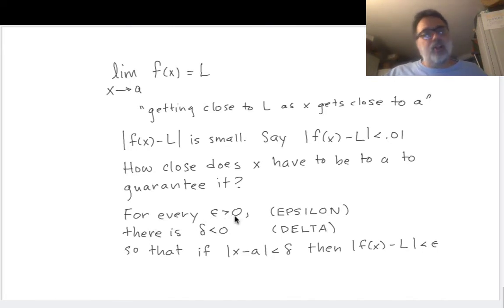So we're saying that no matter how close we want to get to L, we can find some other number that will serve as a guarantee. So that if the x is close enough to a, less than this number that we find, then the function is going to be closer than whatever criteria we picked, like 0.01 or 0.001, or however close we want to pick. We can find a delta that guarantees the function is going to be closer than that.